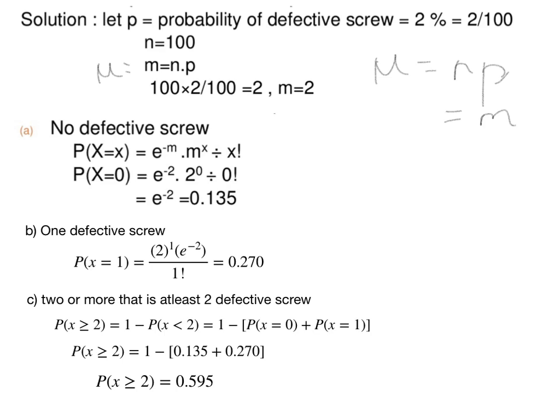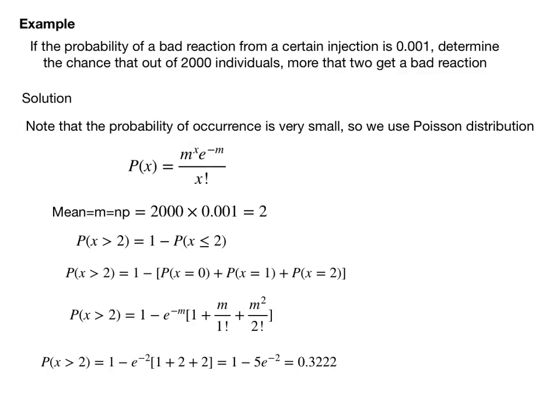So mu, that is the mean, is equal to m is equal to 2. Now using all this in the Poisson distribution formula, I can get the required result.